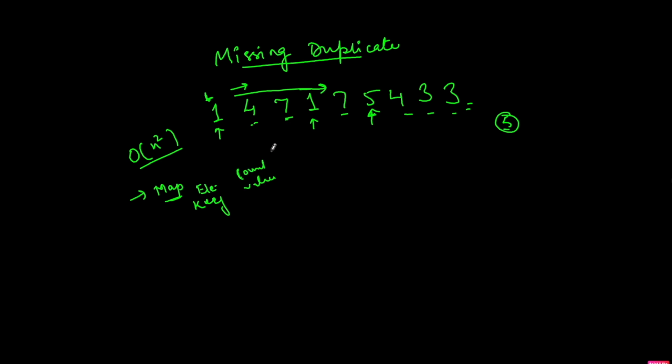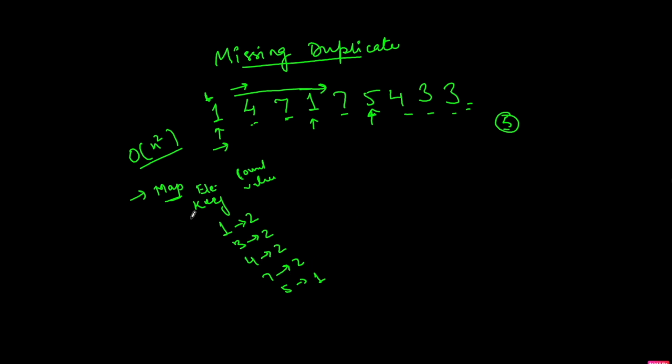So iterate through this array and construct the map. It will be something like 1 appears 2 times, 3 appears 2 times, 4 appears 2 times, 7 appears 2 times, 5 appeared 1 time. That's it, right? So 3 4 1 3 4 7 5.